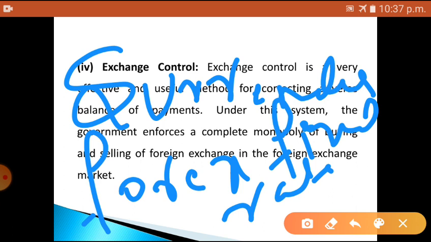The government will tell the exporters, you should surrender all your foreign exchange at a fixed rate to the central bank or Reserve Bank of India.